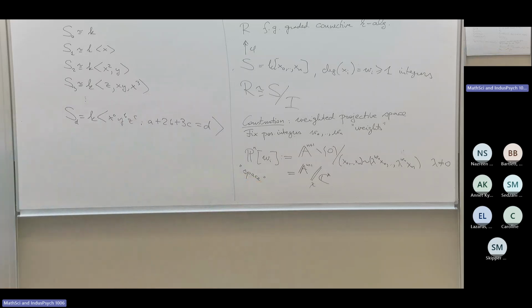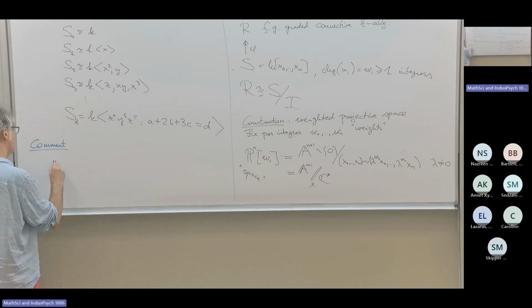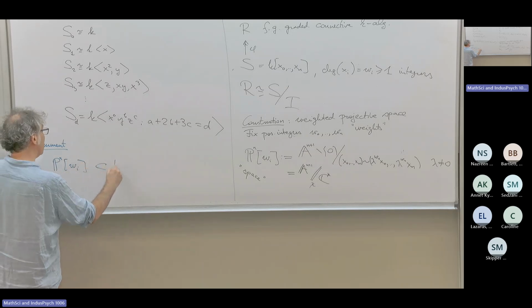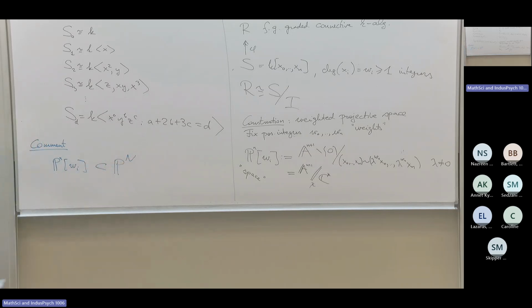Now, it is itself a projective variety, so maybe I put this here as a comment. I won't use this very much, but in fact, you can put weighted projective space inside straight projective space. So Pn of Wi actually lives inside some big P^N as the vanishing locus of some ideal I_Wi.